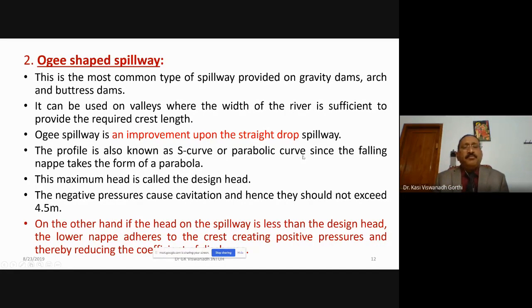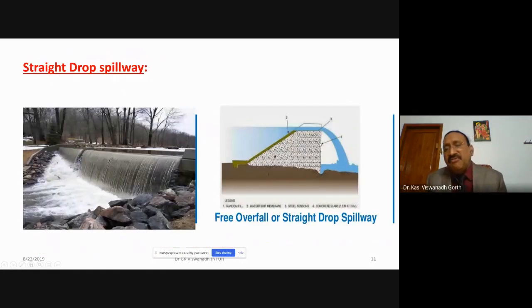The ogee spillway is an improvement upon the straight drop spillway. The straight drop spillway, which we have seen in the previous case, and now this ogee shaped spillway, is an improvement on it. The profile is also known as the S curve or a parabolic curve, since the falling nappe takes the form of a parabola. In the previous case, you can see here in the figure, this is the falling nappe.